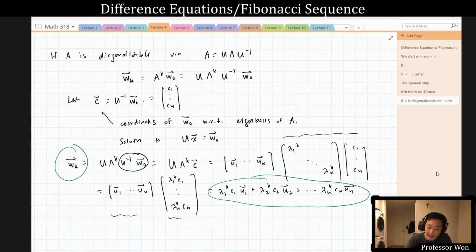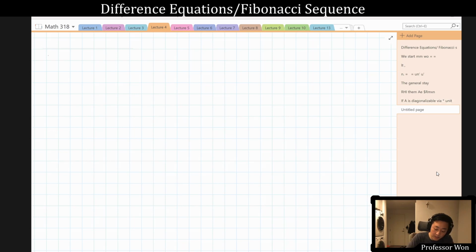Okay, so let me write this down as a theorem, because we'll see very shortly when we study Markov processes how useful this is. So suppose that for every k, the way to get from one state to the next is to multiply by this matrix A with initial state vector w naught.